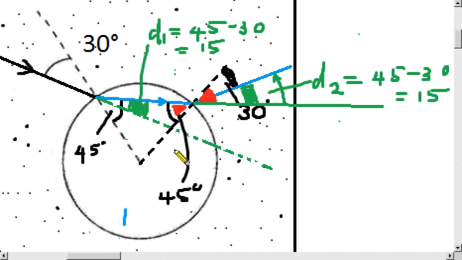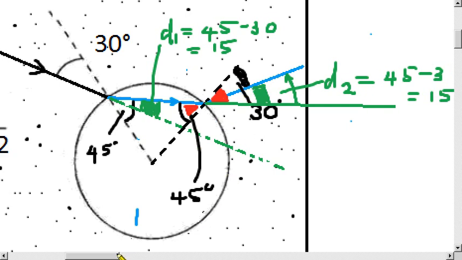So 15, 15. Let us check whether it is in the same direction or opposite. So this time the direction was left, like this. It came like this and bent to the left. Now it is going this way, the blue line. Left 15 degrees, again left 15 degrees.